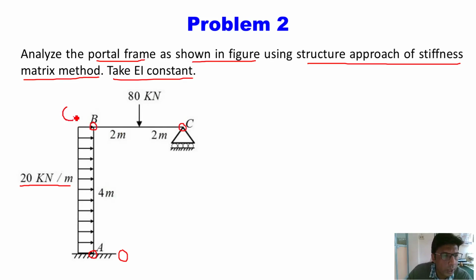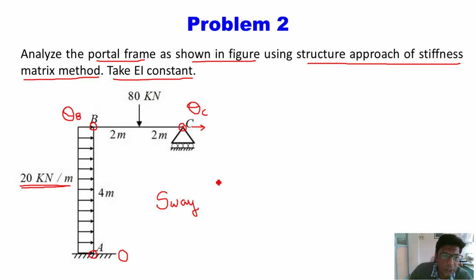So first unknown in the given portal frame is theta B, which is at point B, and second at support C, since a roller support is provided, roller support is subjected to rotation, that is theta C. Now because of this roller support at C, this frame becomes sway frame, because this roller support allows point C to move horizontally towards right because of this uniformly distributed load over the column.